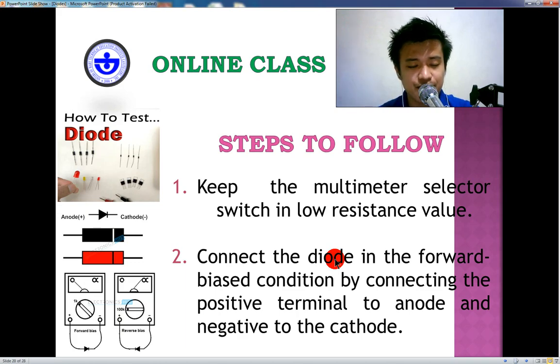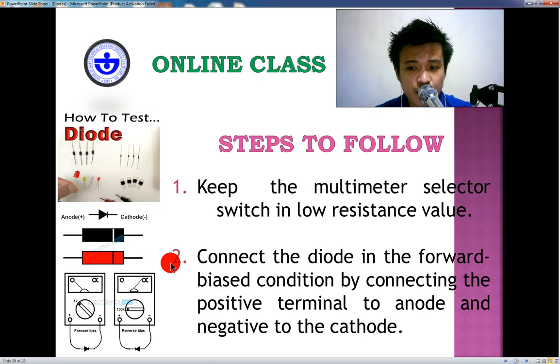Now remember this. Once you use an analog multimeter on semiconductor materials, the red test probe will become negative and the black test probe will become positive. Why? Because the test probes are directly connected to the battery inside your multimeter.